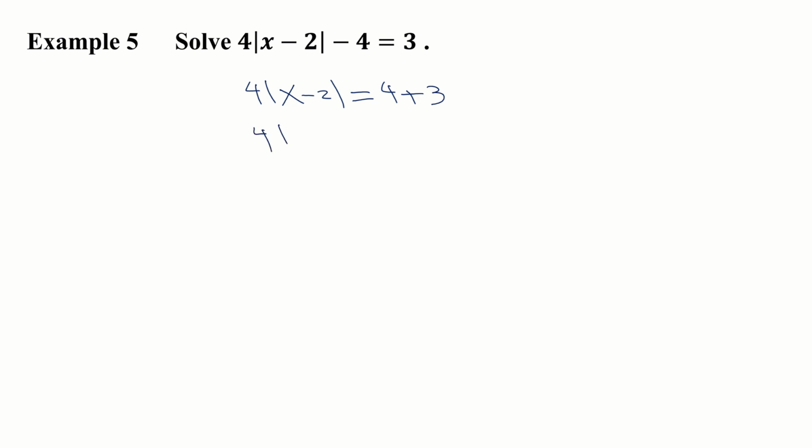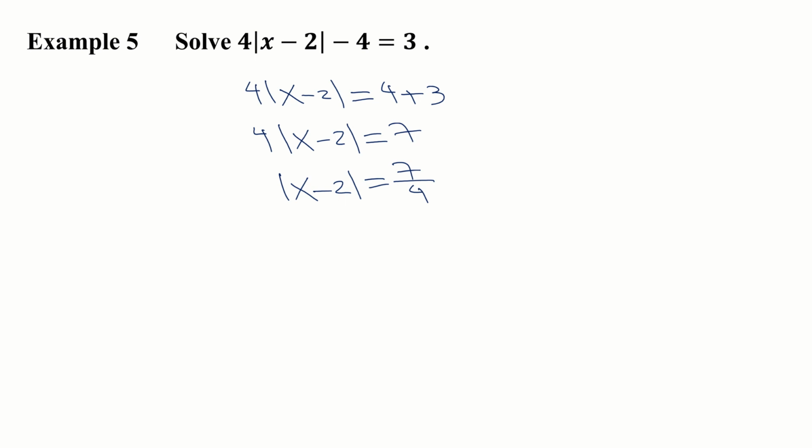So we get 4 absolute value of x minus 2 equals 7. Notice I'm not doing anything to the x minus 2. It doesn't change because I'm keeping the absolute value of x minus 2 intact until the moment of interpretation, okay? So now I divide both sides by 4. I get absolute value of x minus 2 equals 7/4.